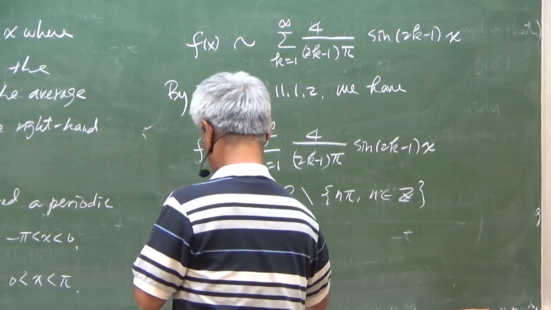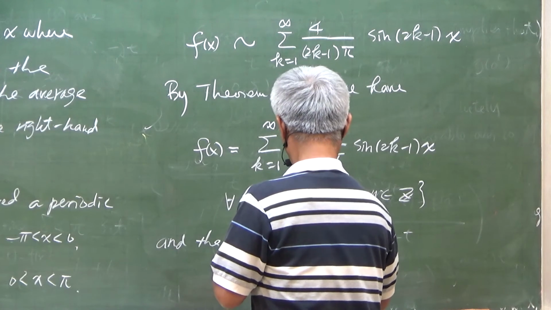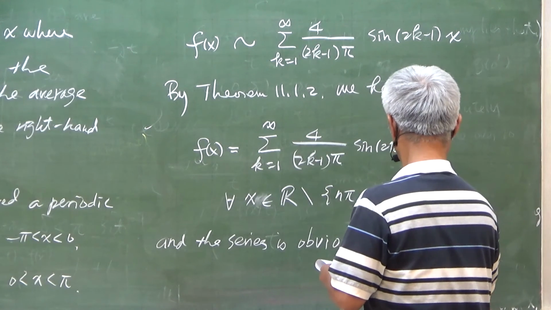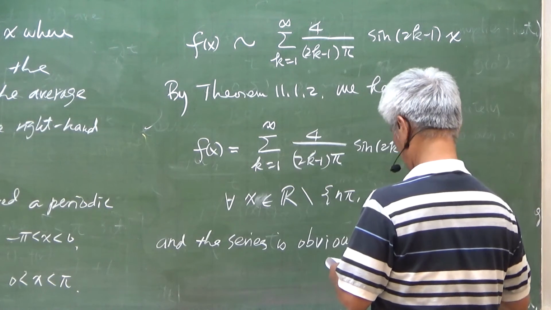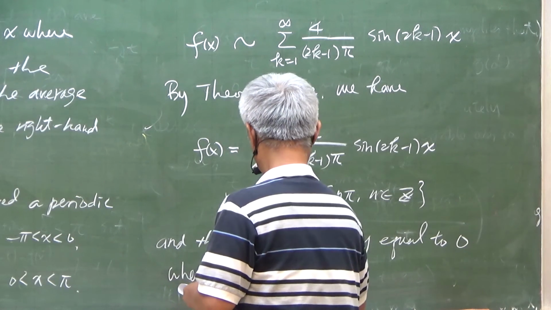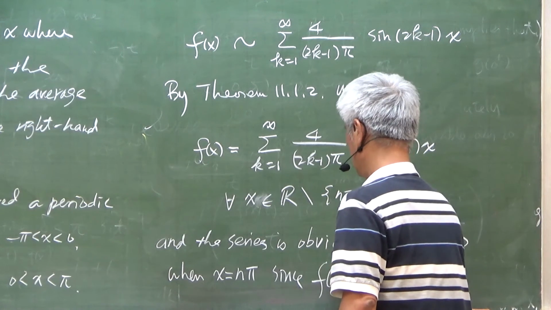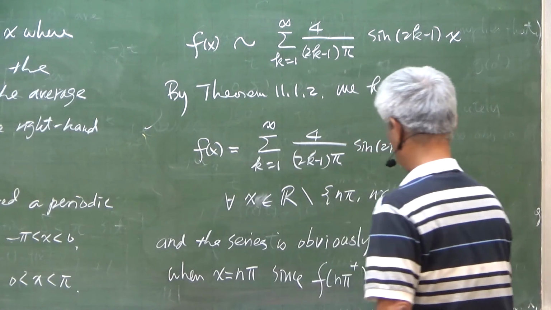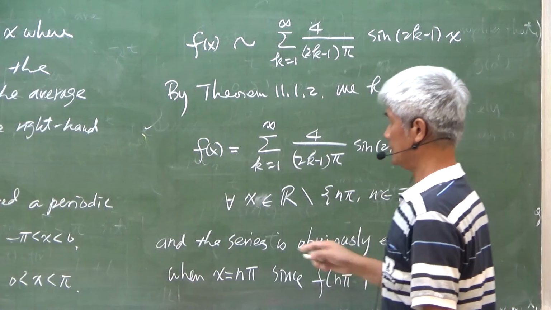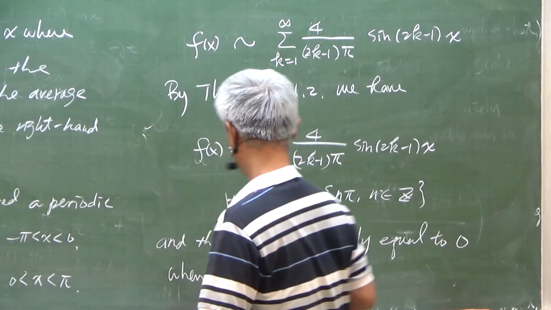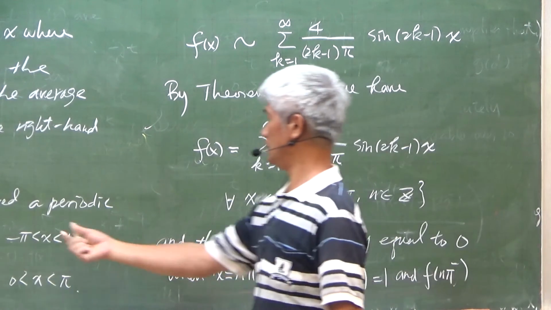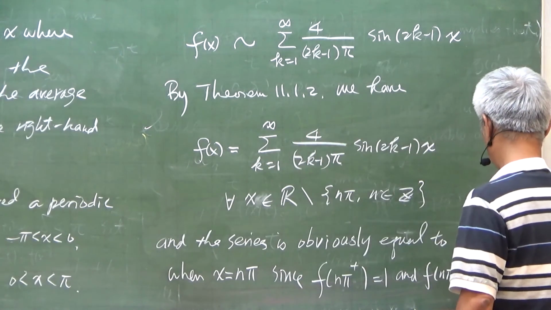And the series is obviously equal to 0 when x equals n pi, since at n pi the right-hand limit is equal to 1 and the left-hand limit is equal to -1.